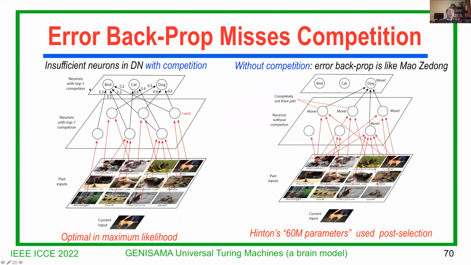Now, error backprop and competition, I'll get to that. Suppose I have many inputs. I took these images from ImageNet so that I can explain the weakness of ImageNet. Suppose I have ImageNet inputs like that, and then a bird, cat, and dog, which are the classes ImageNet uses.